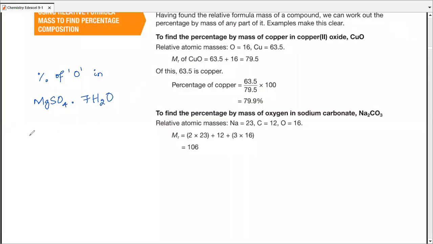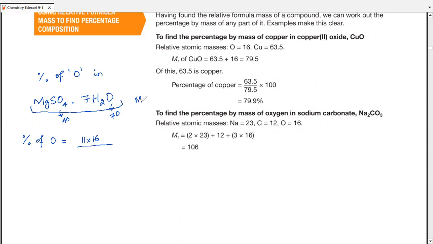What do you say the answer is? The percentage of oxygen? The answer is 32.5. Okay, I assume that you took these four oxygen atoms out of here and these seven oxygen atoms out of here. So 11 into 16 over this entire sum.